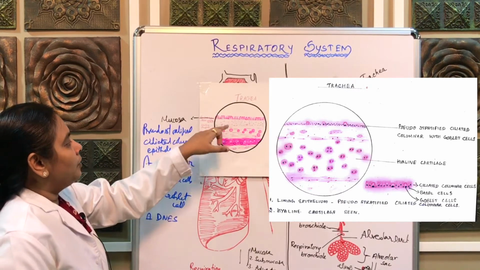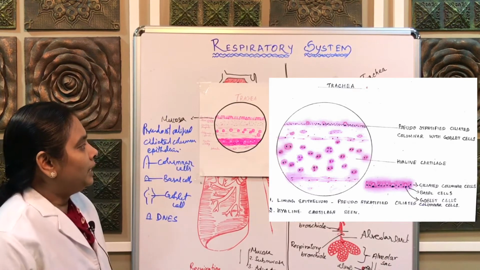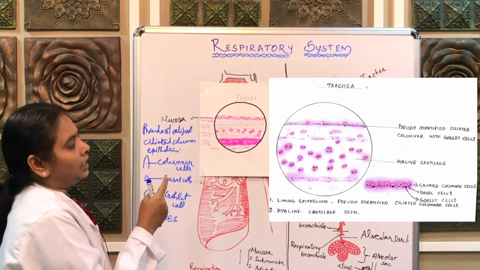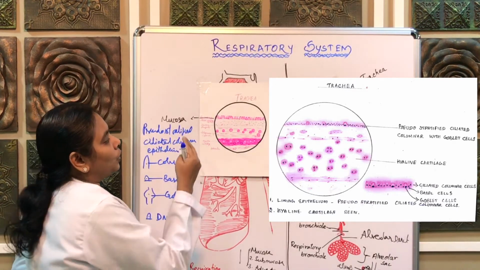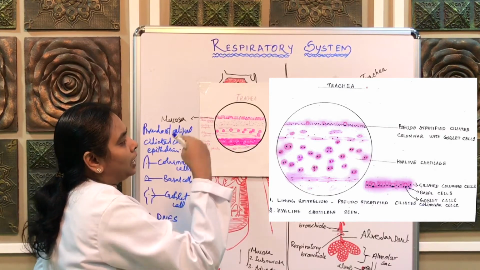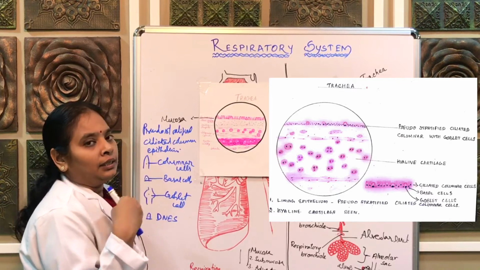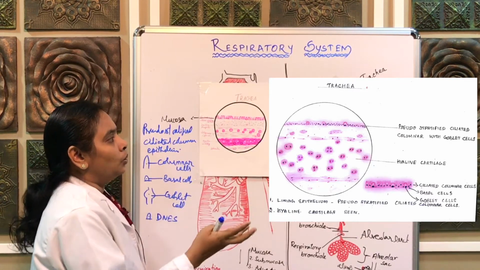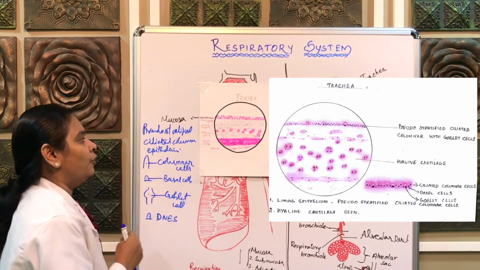And ciliated means in the apical region the epithelium shows many hair-like projections, that is the cilia. This cilia is always for a protective function. So this cilia is beating towards the upper pathway, to remove the particles through the mucus towards the mouth or nose, that is the upward beating of the cilia is the important function.